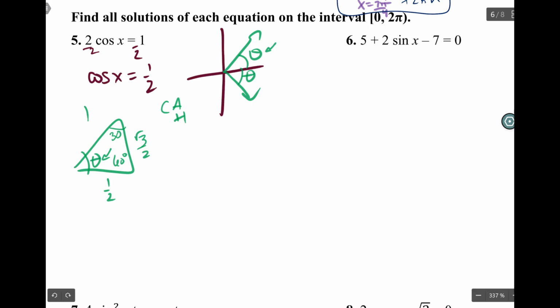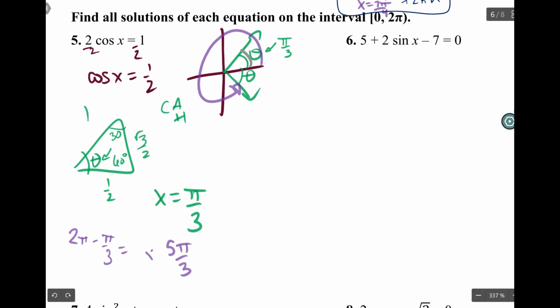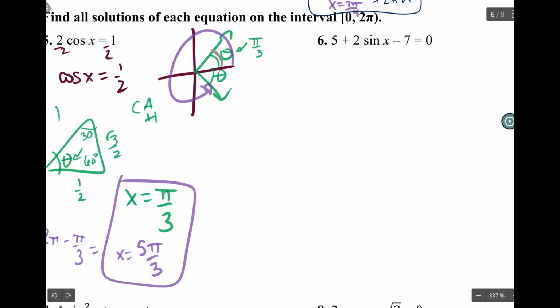So this is a positive 60 degrees, so pi over 3. And then we also have this all the way around. This will be pi over 3 less than 2 pi. 2 pi minus pi over 3 is 5 pi over 3. Cool. Those are the two solutions.